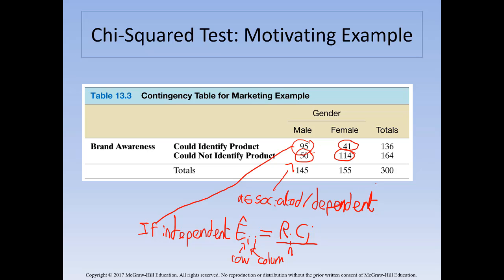So this is what we'd expect if they're independent. And this actually flows from the stuff you did in Business Stats 1, which is that if probabilities are independent, you can multiply them together.